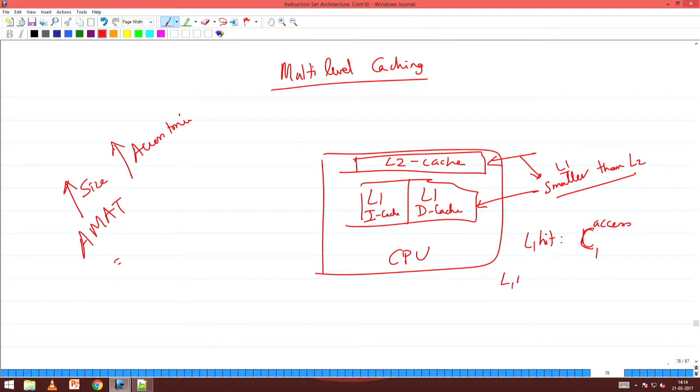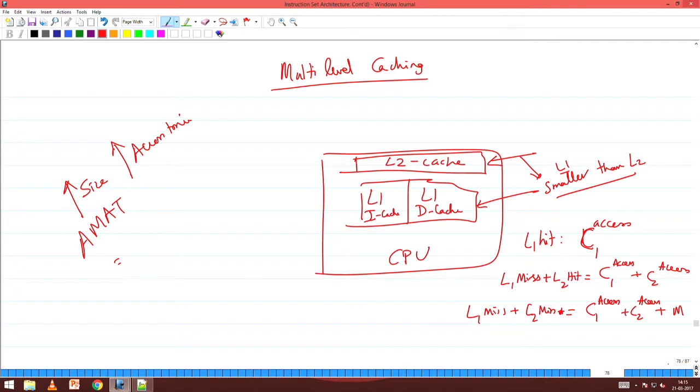If L1 miss plus L2 hit, essentially it means C1 access plus C2 access. L1 miss plus L2 miss, right, there is nothing more. So this will be C1 access plus C2 access plus memory access.